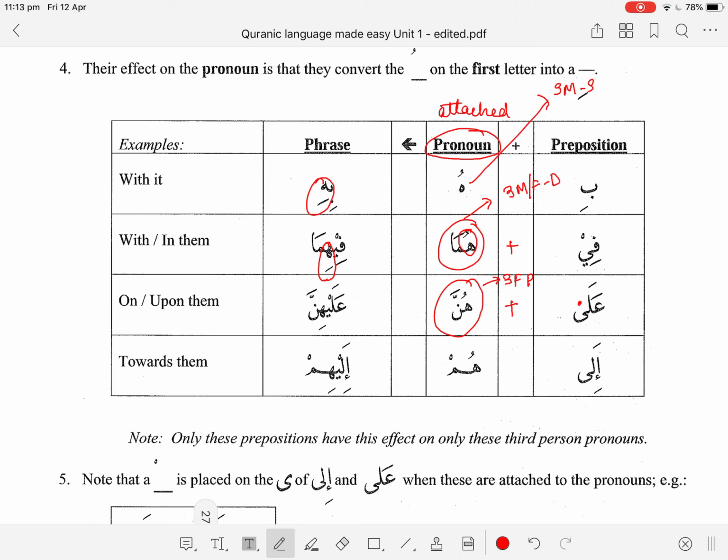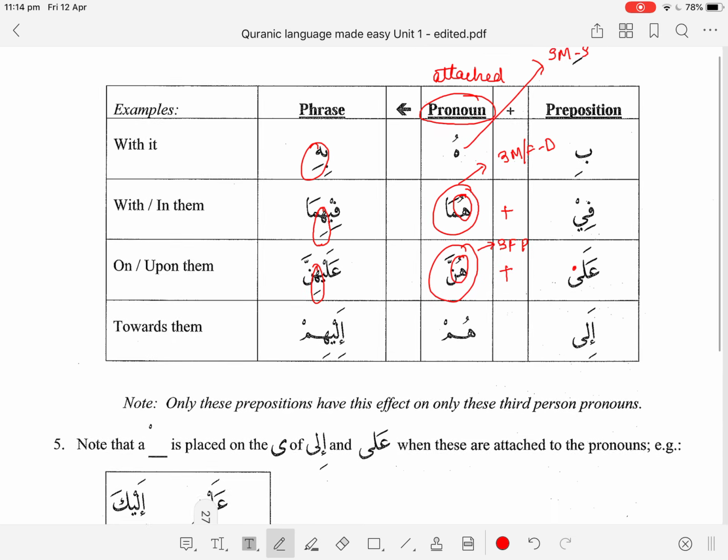It's ala. But when we are connecting the two, this ya becomes activated. It is now pronounced because it's connected to something. So it becomes alai. And again the dhamma will become the kasra. So alayhinna, right? So ala is upon, so upon them. Them is plural and female.